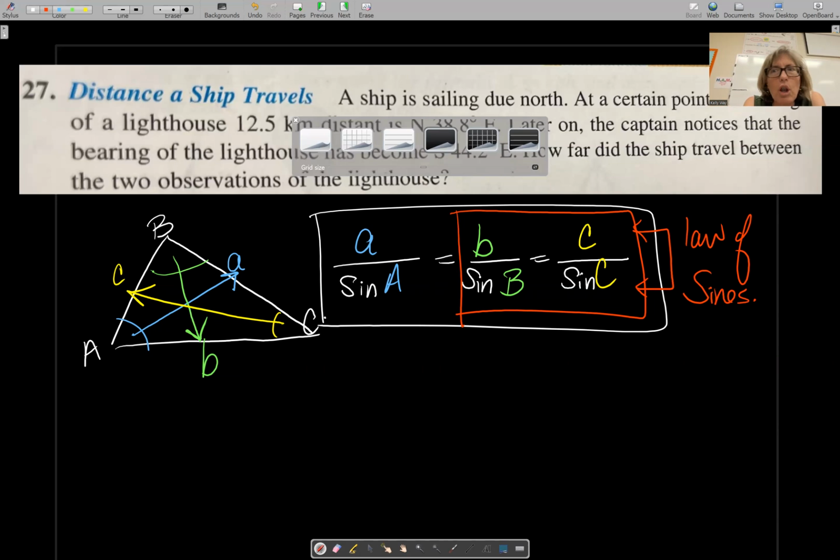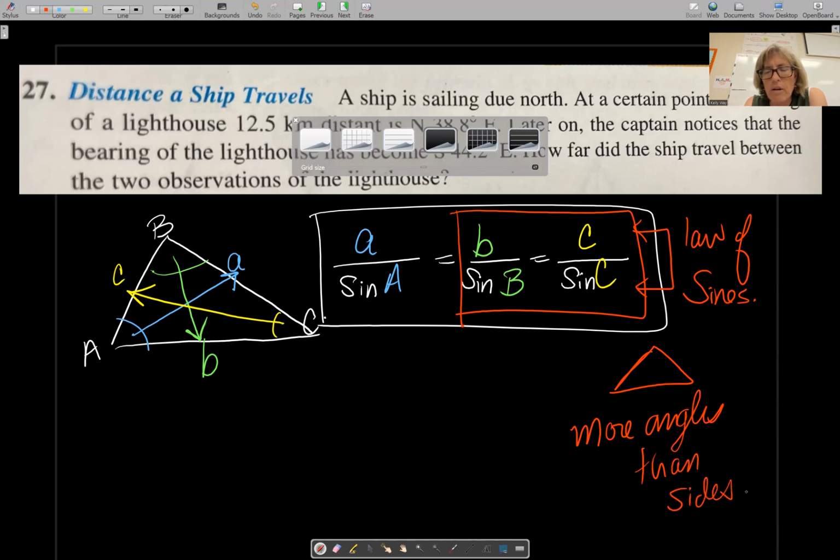You use the law of sines, and this is a generality, there are a couple of exceptions but I don't want to get into them at the moment, when you have a triangle problem with more angles than sides. Just to give you a heads up, there's something called the law of cosines.